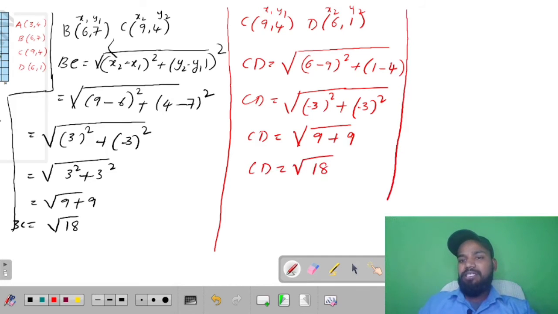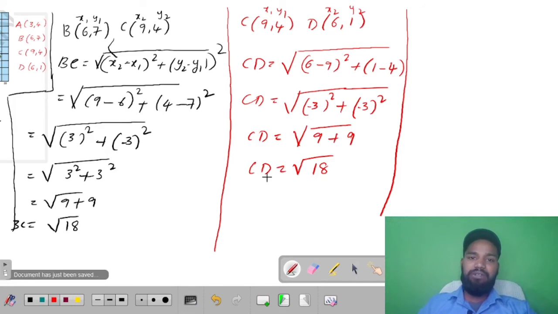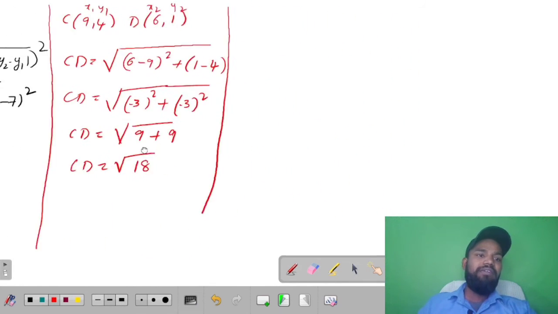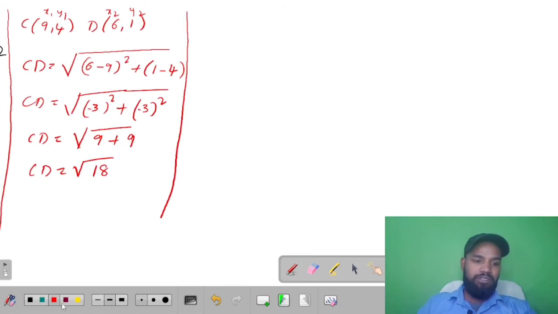Next we are going to do AD. AD or DA both are same, right? So I am going to find AD right now. What is A value? A value is (3, 4).